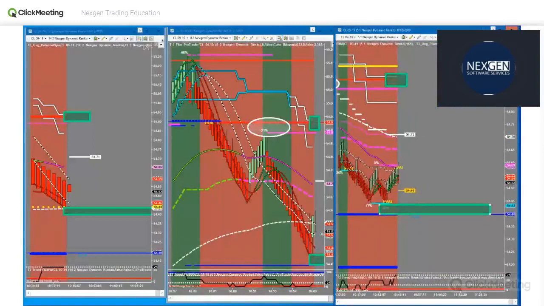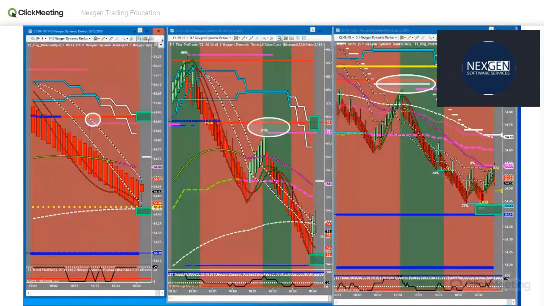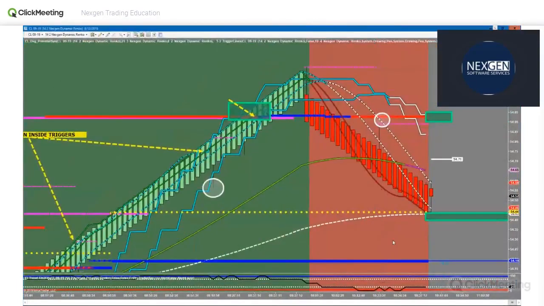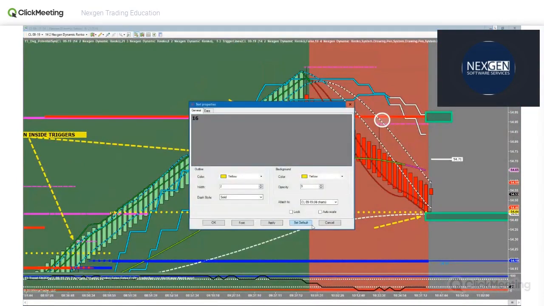So again, when we put the whole party together, what you're going to see is, look, tell me if you see what I see. 165 EMA, 1-to-1s, yellow dots, which are 1-to-1s, and almost weakening triggers with a gap back to fibs and synthetic triggers.